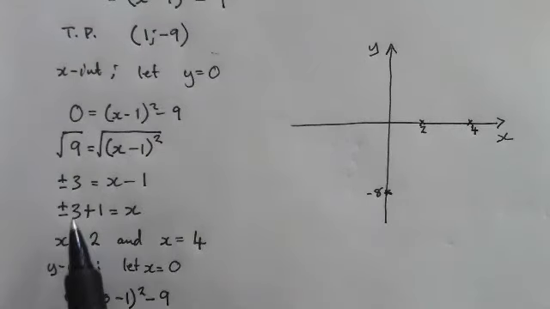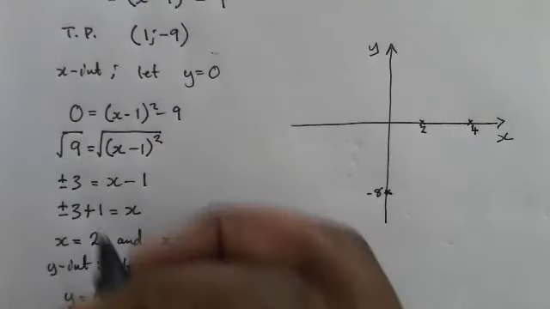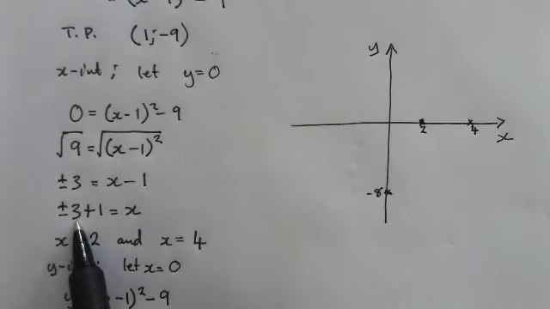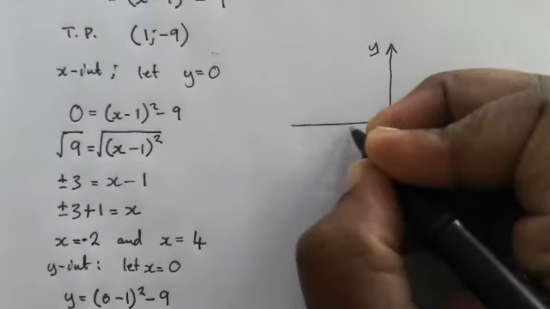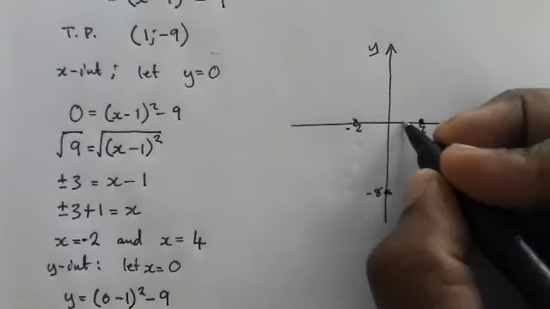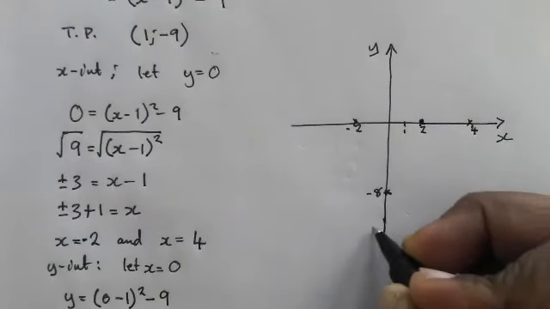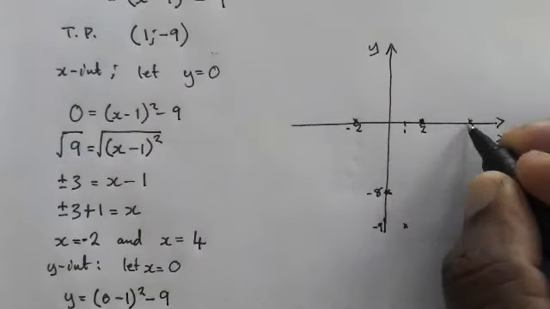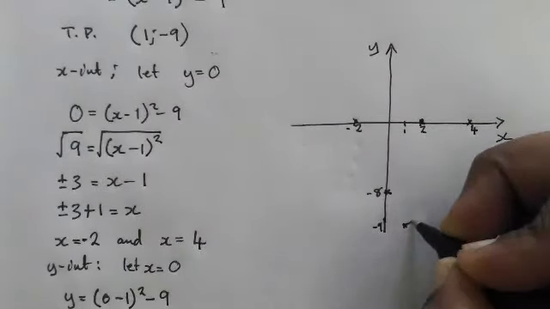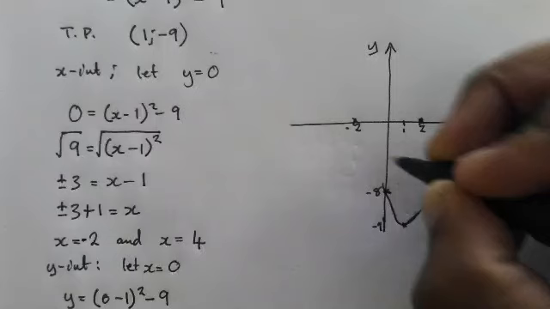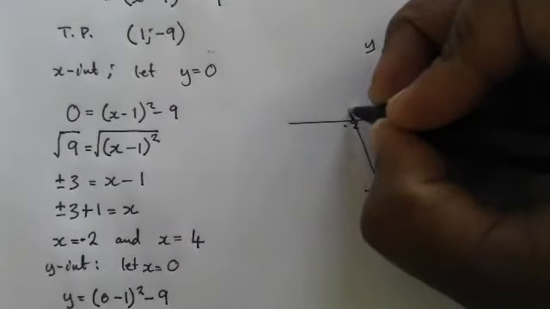Let me just double check my x: when 3 is negative, that is negative 2, and when 3 is positive, that's 4. That's fine. Then our turning point is at x equal to 1 and y equal to negative 9, so my turning point is here. So your graph is supposed to curve through 4, turn here, through negative 8, through 2, and there we go.